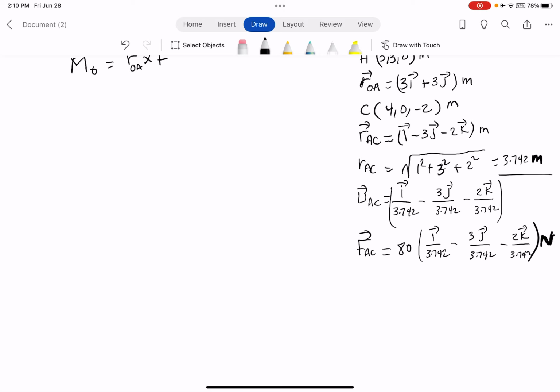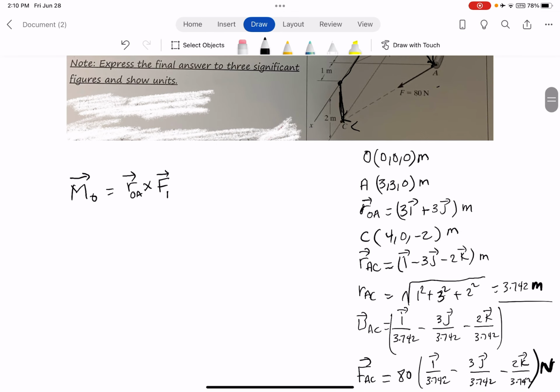So now we found the force and we found the position vector. So now we can proceed with the moment.